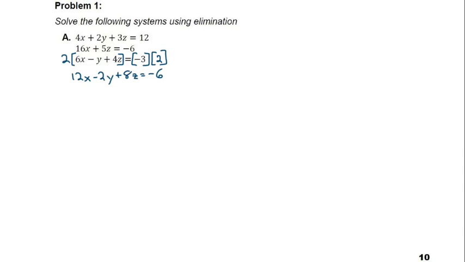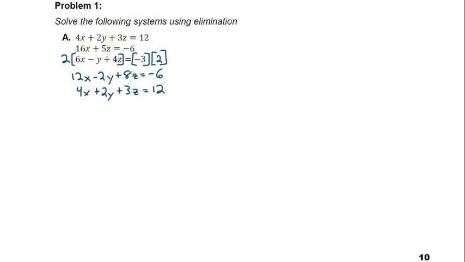And now I'm just going to bring this one down, just so you can see them next to each other. 4x plus 2y plus 3z equals 12. Notice how I've got a negative 2y and a positive 2y. I've got those guys right there.